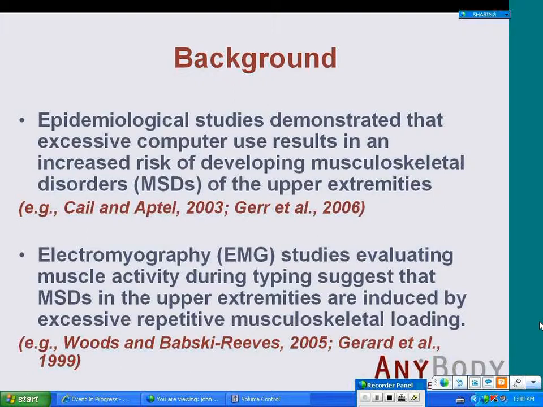However, no biomechanical model of the hand has been developed to evaluate quantitatively how muscle force changes during typing and how the force is shared among the different muscles. So in this study, we try to apply AnyBody software to develop a model of the hand to simulate the dynamic muscle force.